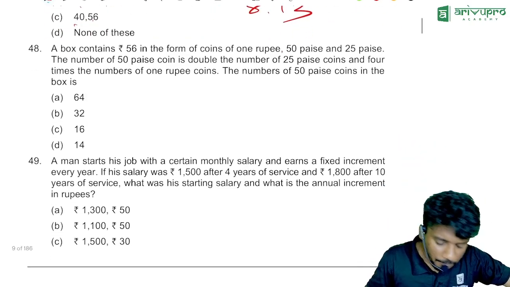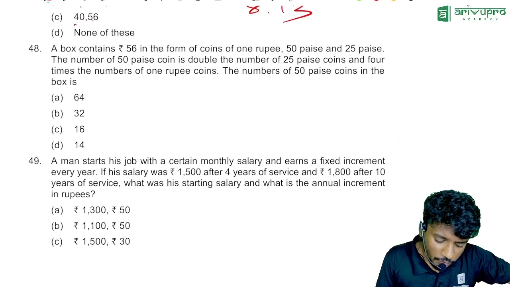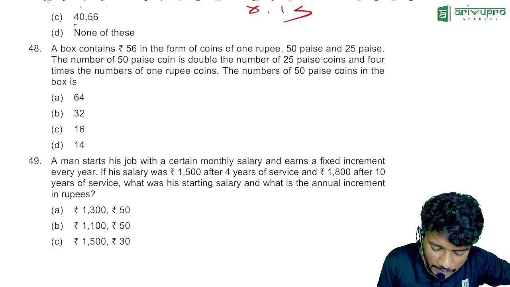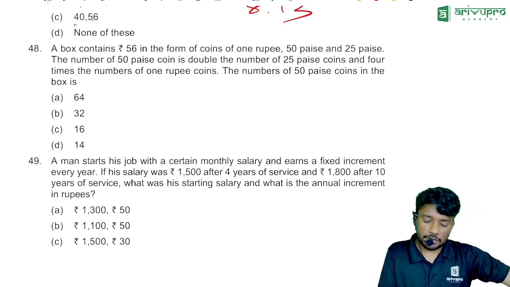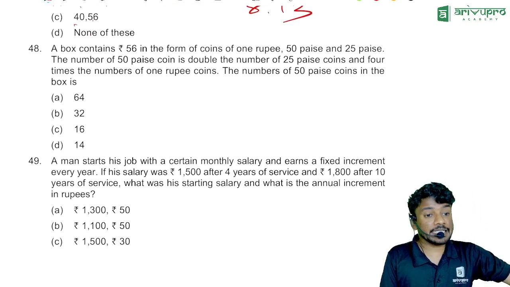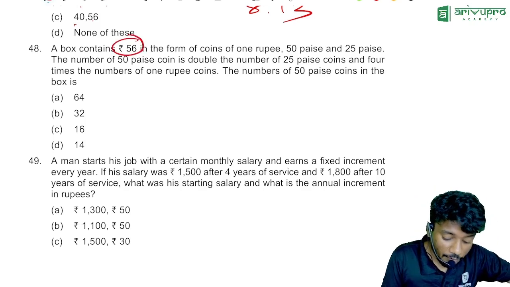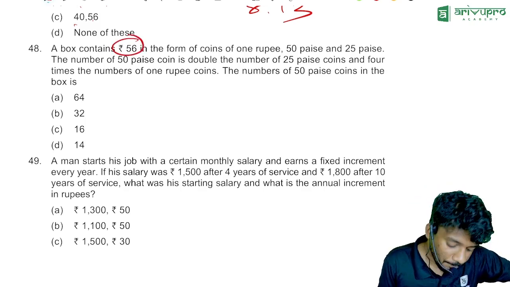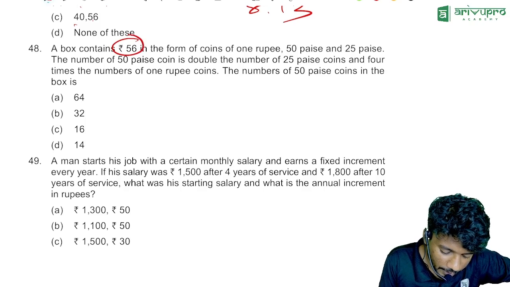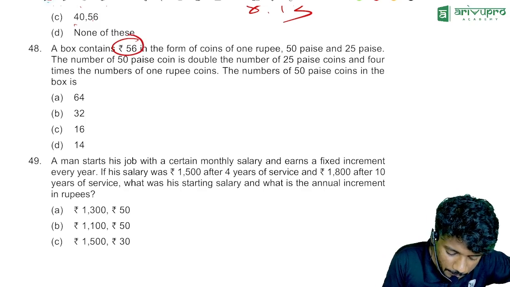Look at the question. A box contains 56 in the form of 1 rupee, 50 paise and 25 paise coins. The value is 56. The number of 50 paise coins is double the number of 25 paise coins, and also 4 times the 1 rupee coins.